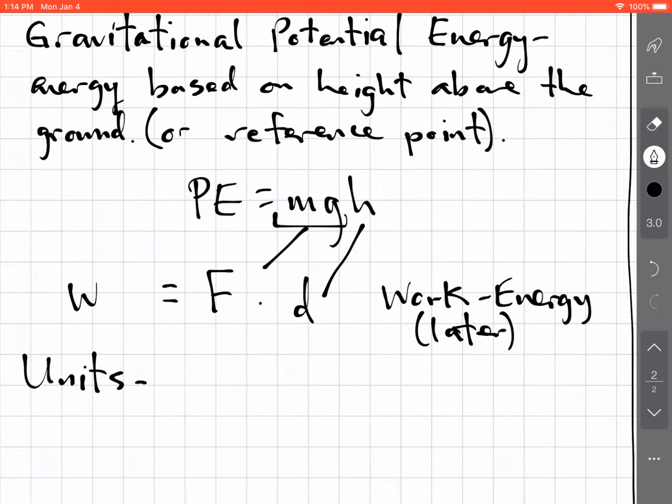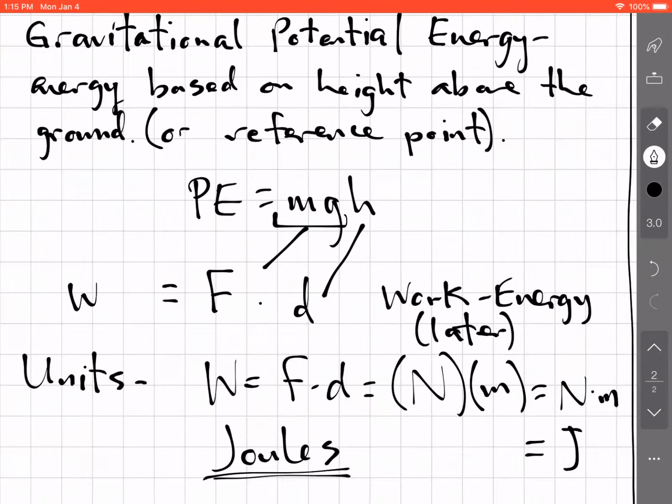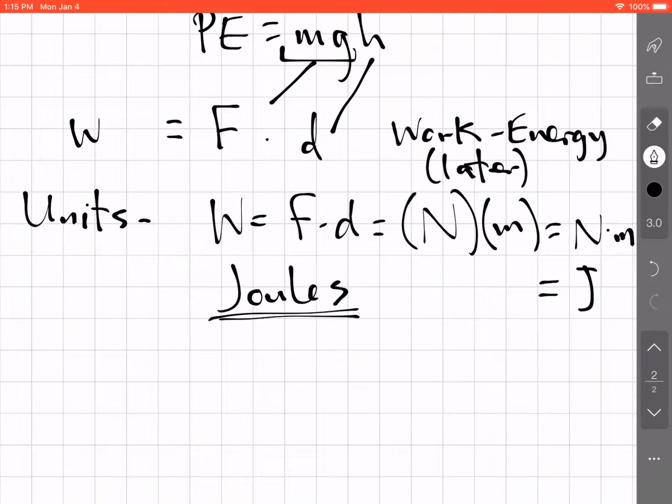We have something new. So if we take work equals force times a distance, force is in newtons, distance is in meters. So newtons times meters is a unit for sure, but this creates something called a joule. So it's capital J is the way we denote that, but it's called joules. So this is our unit for energy and work, actually. Like I said, that's for both of them there.